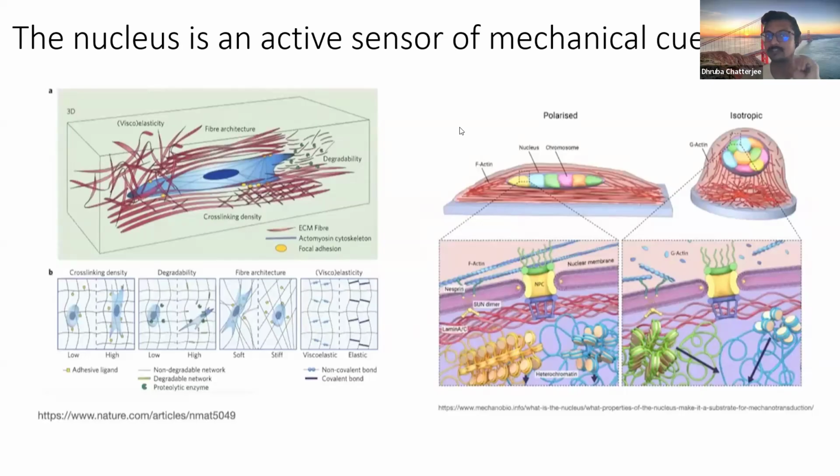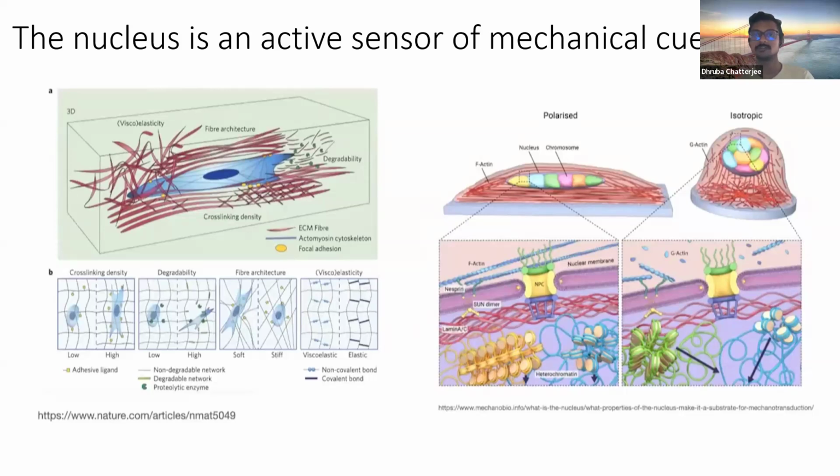The cell senses mechanical cues like push and pull, change of cellular shape, and this is called mechanosensing. And after sensing these mechanical cues, these signals are also transduced down to the nucleus.